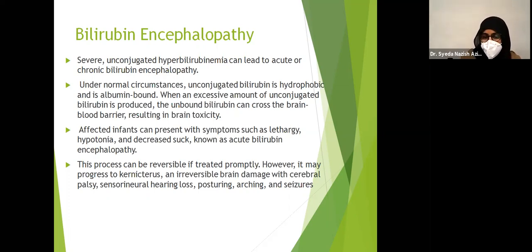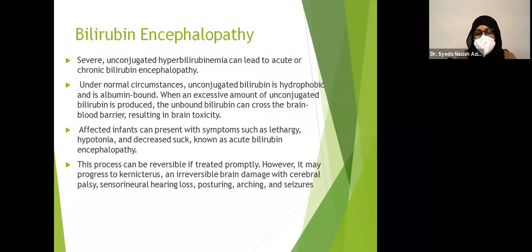Affected neonates can present with symptoms like lethargy, hypotonia, and inability to feed. Those symptoms are termed acute bilirubin encephalopathy.